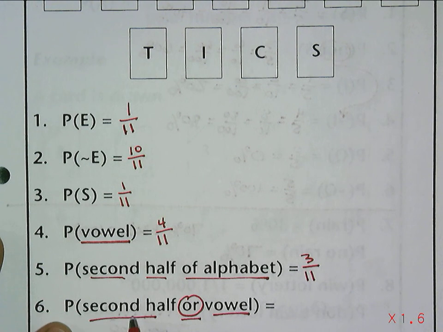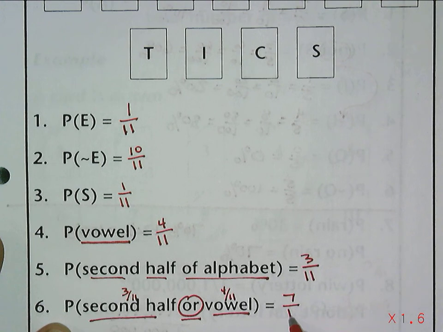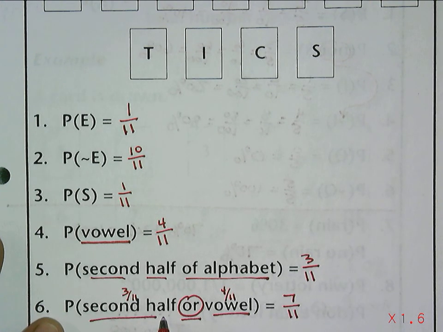In the case of second half, there was 3 of 11. And vowels, there were 4 of 11. So together, 4 and 3 is 7 out of the 11 fit this description. They are either a part of the second half of the alphabet or they are vowels.